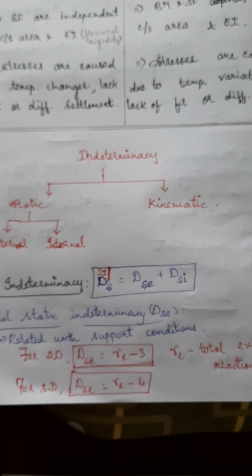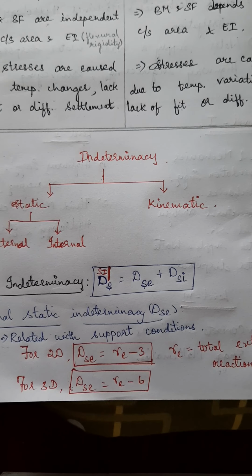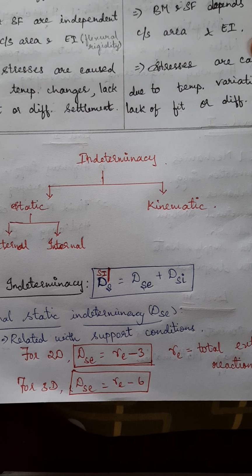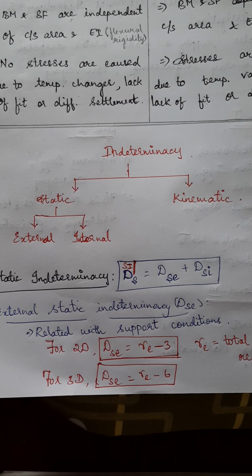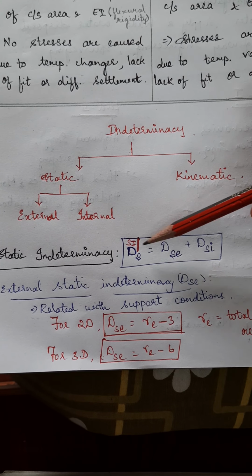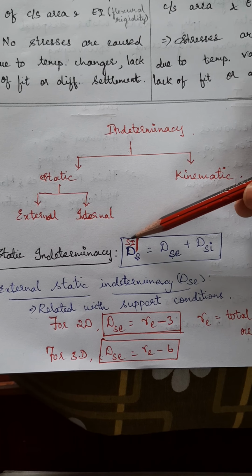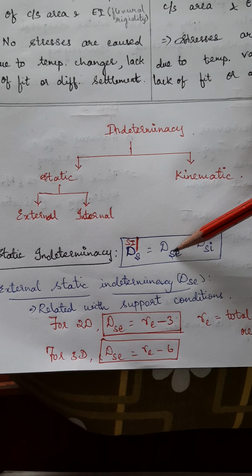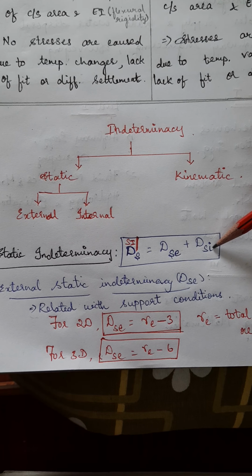Indeterminacy is mainly classified into two types, that is static and kinematic indeterminacy. Static indeterminacy will be external static indeterminacy and internal static indeterminacy. The formula for static indeterminacy is specified as SA or DS. The formula is external static indeterminacy plus internal static indeterminacy.